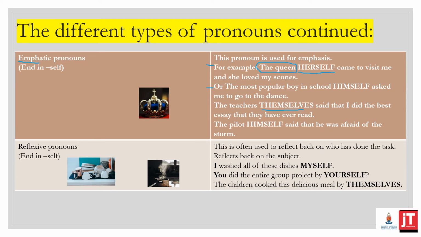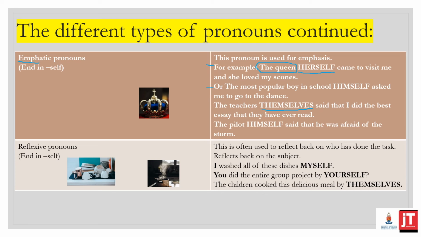Always next to the noun, always next to the thing that you are trying to emphasize. The pilot himself said that he was afraid of the storm. Yeah, that's a pretty scary sentence. If you ever find yourself in an aeroplane one day and the pilot himself is afraid, you should be very afraid.